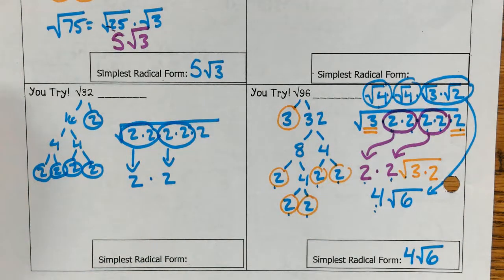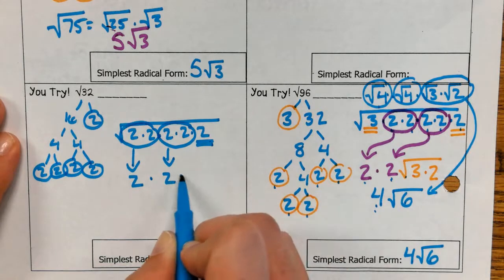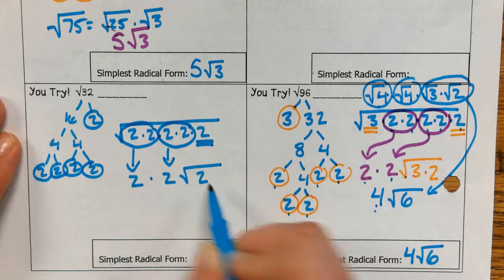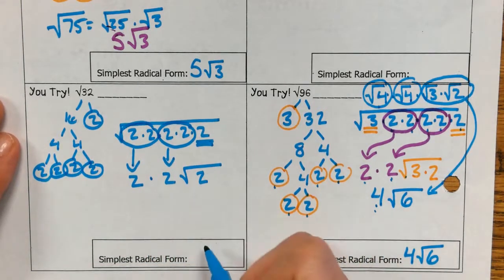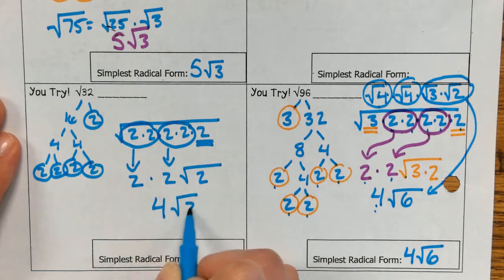16 has 8's, not a prime number, though. 4 times 2 is 8. We will all get the same answer if you factored it differently. 2 does not have a buddy, so we're going to write the square root sign and write a 2 on the inside because there's nothing else to pair it with. 2 times 2 is 4 times the square root of 2.